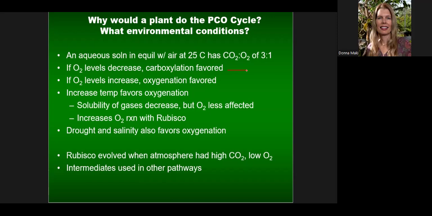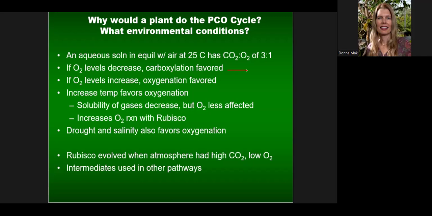That means they bubble out of the solution and now they're not available to the plant. But oxygen is less affected, which means oxygen stays soluble in the water longer with higher temps. So that's again favoring oxygen winning and coming into the active site. CO2 is more easily bubbled out of solution at higher temps.